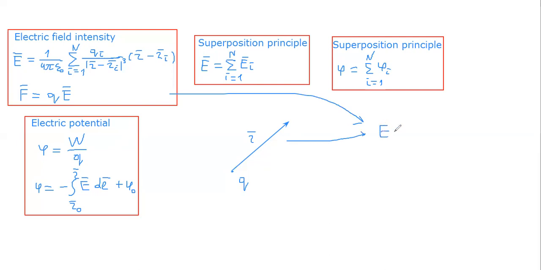E is equal to 1 divided by 4 pi epsilon 0, multiplied by q divided by the modulus of r to the third power, multiplied by r.